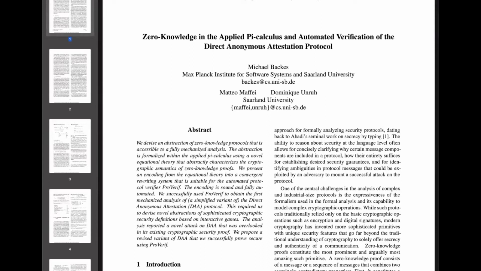I mean, it's still just a flavor of zero knowledge. It's not all zero knowledge protocols, but it does capture a broad range of ZK stuff. And then they analyzed the DAA protocol, and were actually able to find an attack that the original proof of correctness had not found.